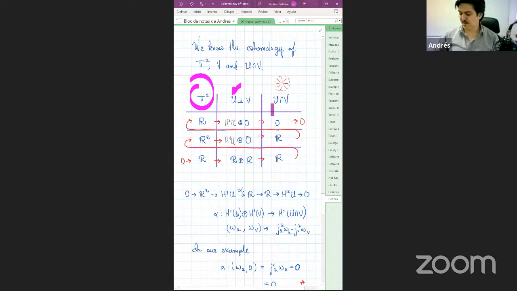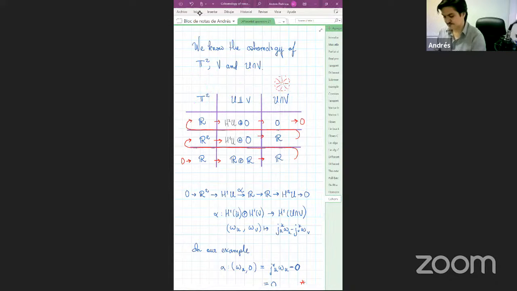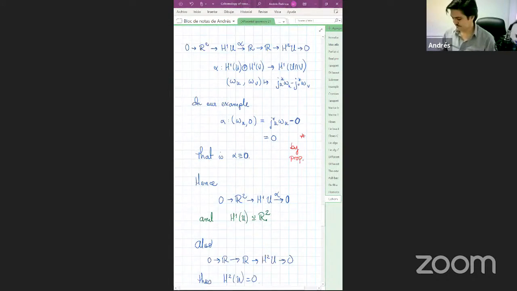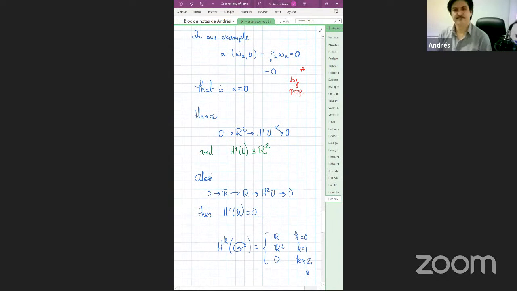Here we use U, but it can also be used to compute this, for instance, if we know the cohomology of the other spaces that are involved. Okay. Any questions on this computation?